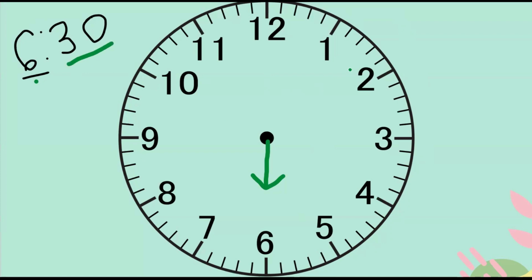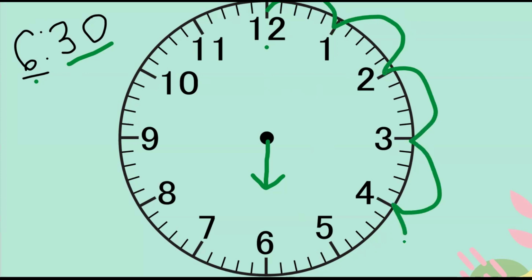Okay, now we need to do the minute hand at 30. And I want you guys to count with me again. Are you ready? We're going to start at the 12. We're always going to start here, and we're going to count till we get to 30 minutes past the hour. Here we go. 5, 10, 15, 20, 25, 30. It's right at the 6. Half an hour, 30 minutes.